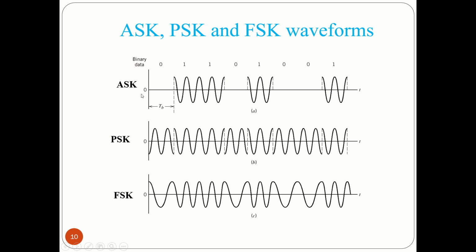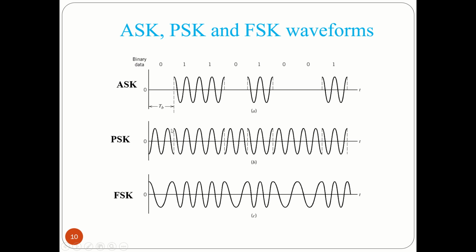Now if it is amplitude shift keying, only for transmission of 1 will there be a signal existing. For 0, no signal is available. So we get the amplitude only when 1 is transmitted.